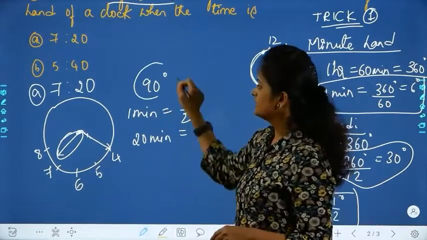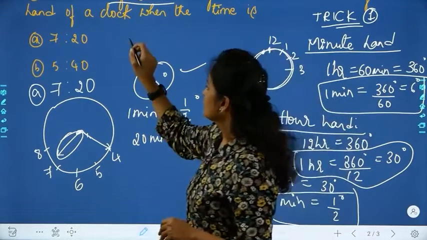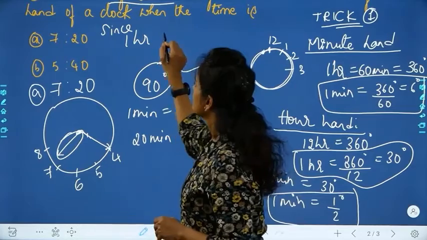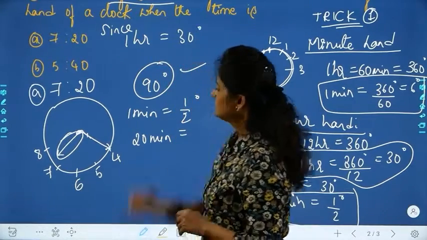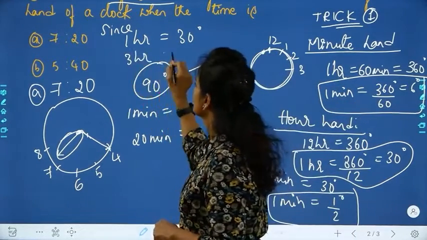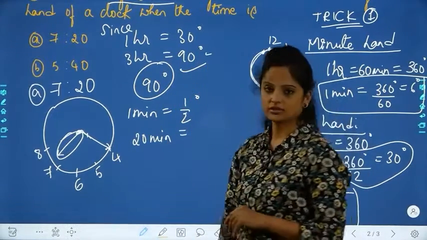So one is this one, 30, 30, 30, that became 90 degrees. So you can write your answer like this. Since 1 hour is giving you 30 degrees, then 3 hours will give you 90 degrees. So that part is done, 90 we got.